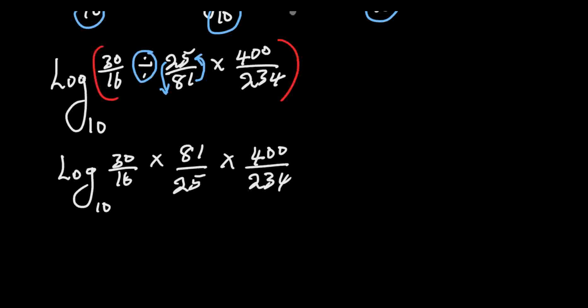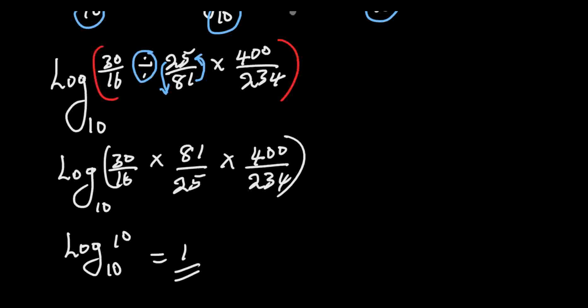So we can just put this in parentheses. Once this is simplified, you can use your calculator, and then you're going to have log 10 to base 10. And remember, the log of a number to its base is equal to 1. So log 10 to base 10 is equal to 1. So this is the final answer to this question, and I hope this makes some sense. All right, let's go on to the next question.